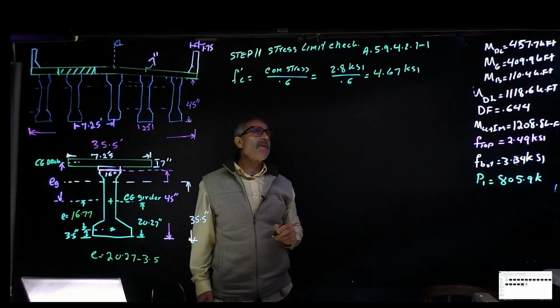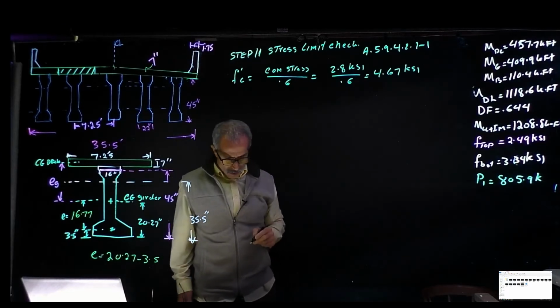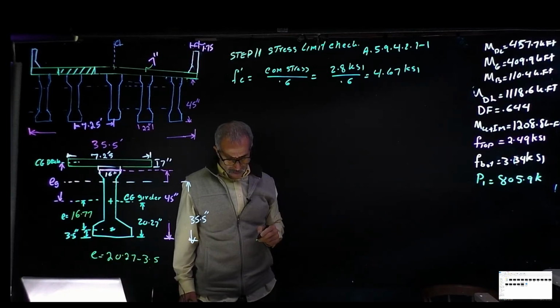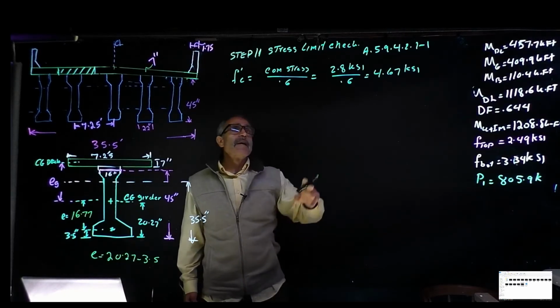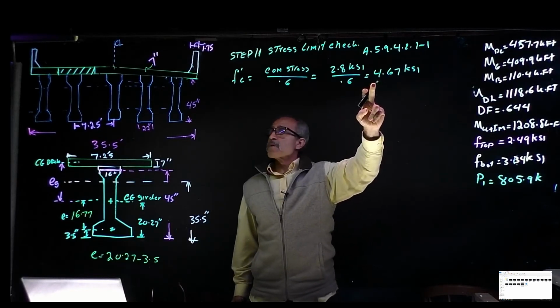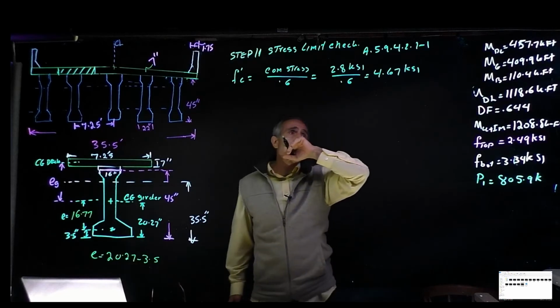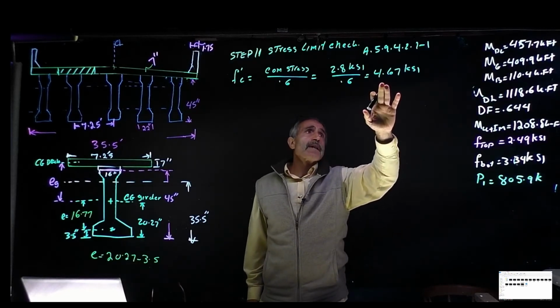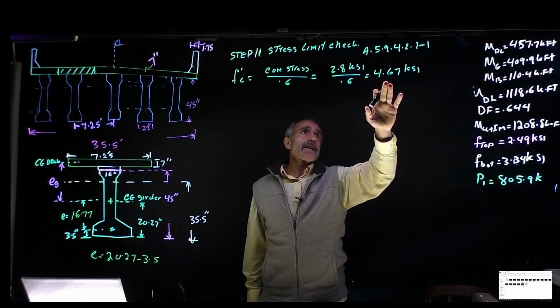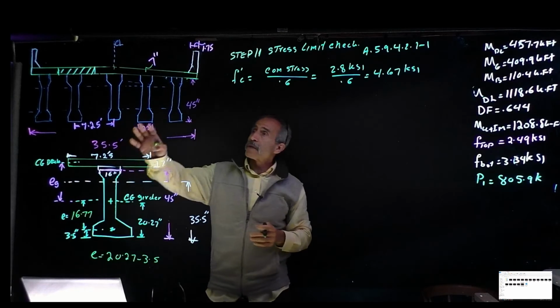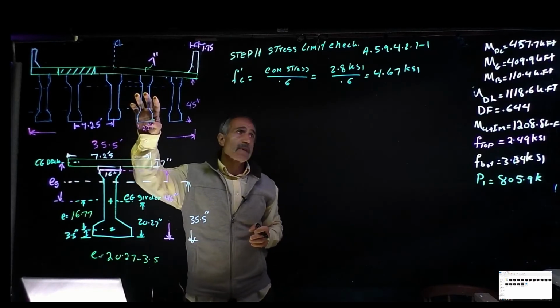So now, we said at the beginning, when we had the design criteria, our concrete was 5,000 PSI. So 4,000 PSI, if this makes it okay. The deck was 5,000, and we said the prestressed was 5,000.